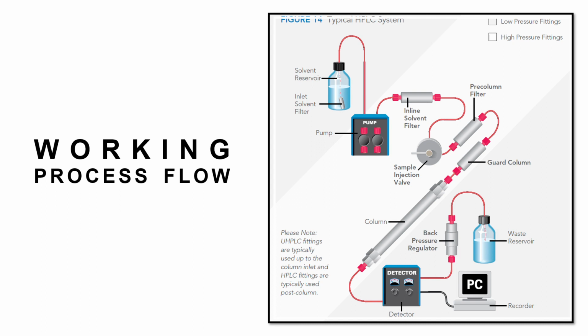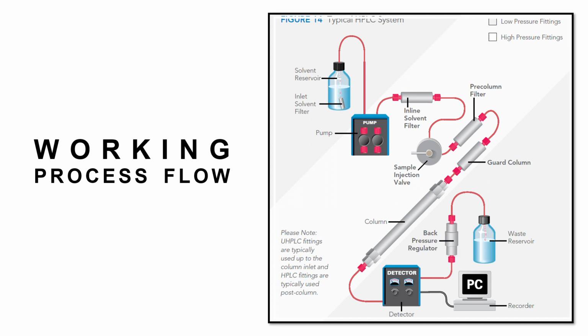The mobile phase is delivered to a separation column, otherwise known as the stationary phase, and then to the detector at a stable flow rate controlled by the solvent delivery pump. A certain amount of sample is injected into the column and the compounds contained in the sample are separated. The compounds separated in the column are detected with the help of the detector downstream of the column, and each compound is identified and quantified.